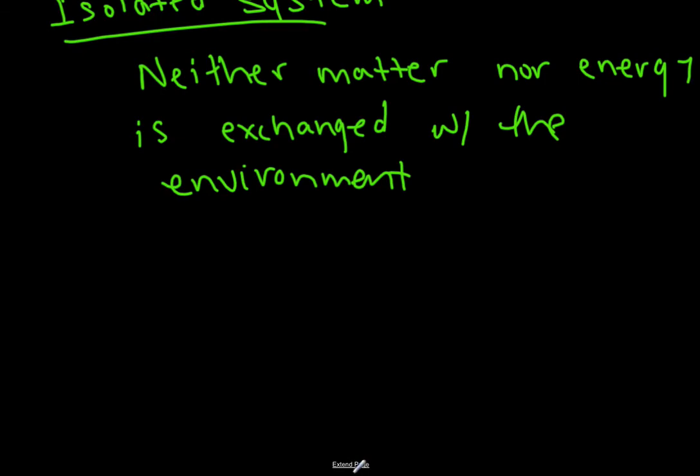So the only possible one is the whole universe. So if you were to take the scale all the way back to as big as it gets, that would be the only isolated system in existence.